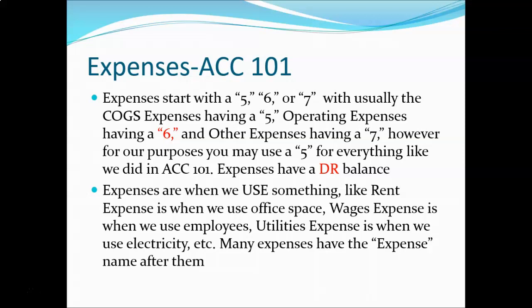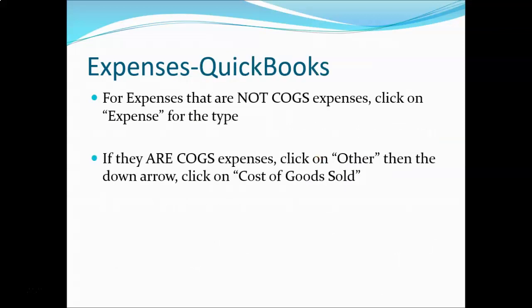Many expenses have the word expense after them, so that makes it a little easier to see what it is. For expenses that are not cost of goods sold type of expenses, in QuickBooks, we need to click on the word expense instead of cost of goods sold. If they are cost of goods sold, you're going to click on Other and then Cost of Goods Sold like we said earlier.